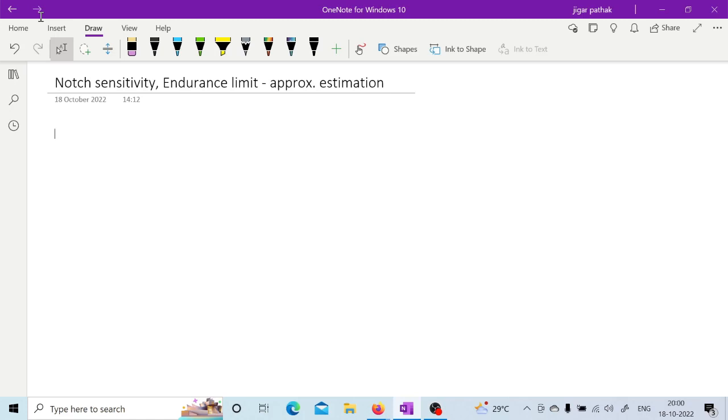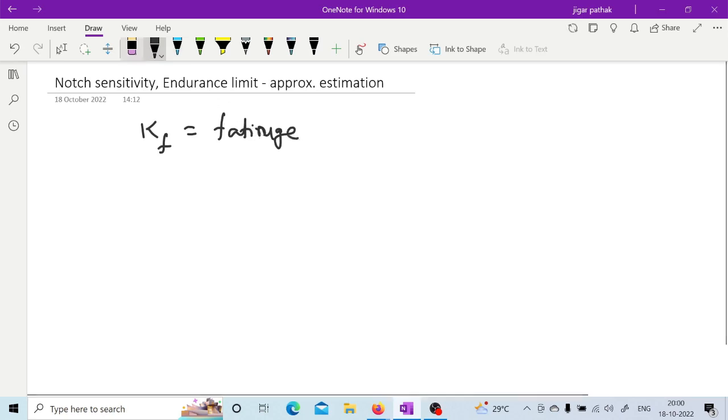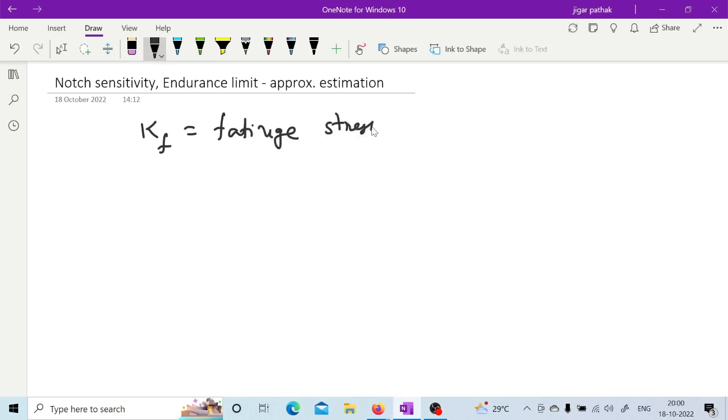So to account for this lack of proper value, you define one more term, which is known as the fatigue stress concentration factor.